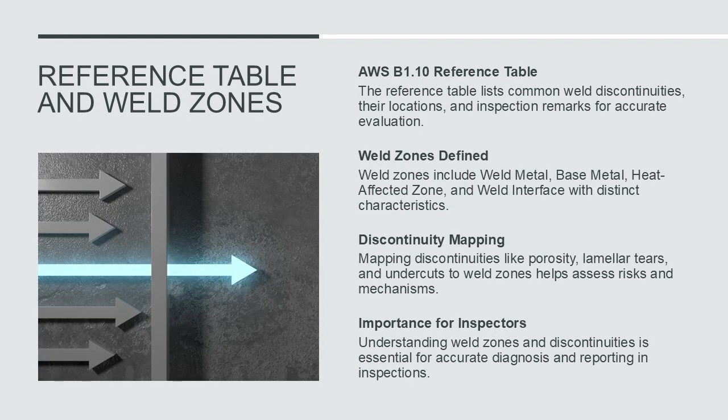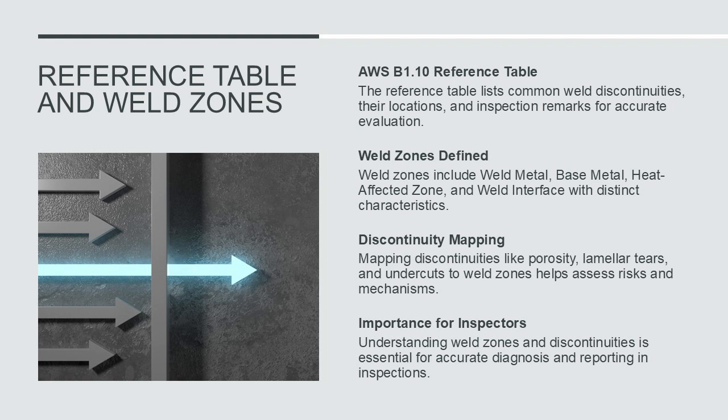The AWS B1.10 reference table lists common discontinuities, their typical locations, and remarks for inspection. Weld zones include weld metal or WM, base metal, BM, heat affected zone or HAZ, and weld interface or WI. Mapping discontinuities to these zones helps inspectors infer mechanisms and risks.